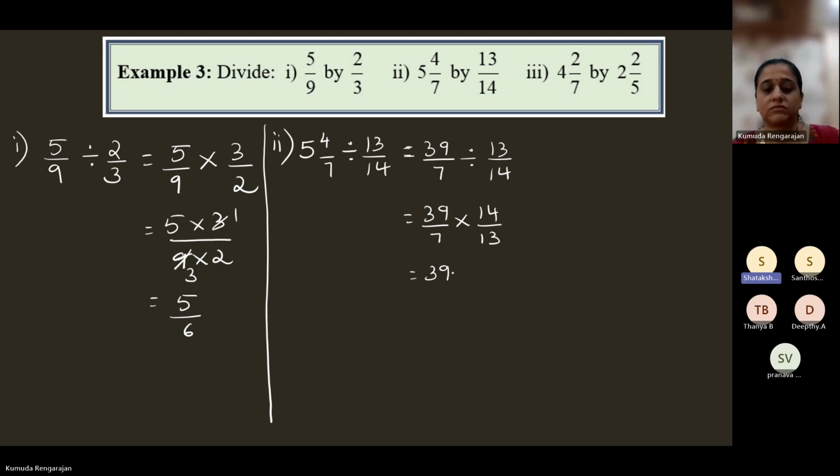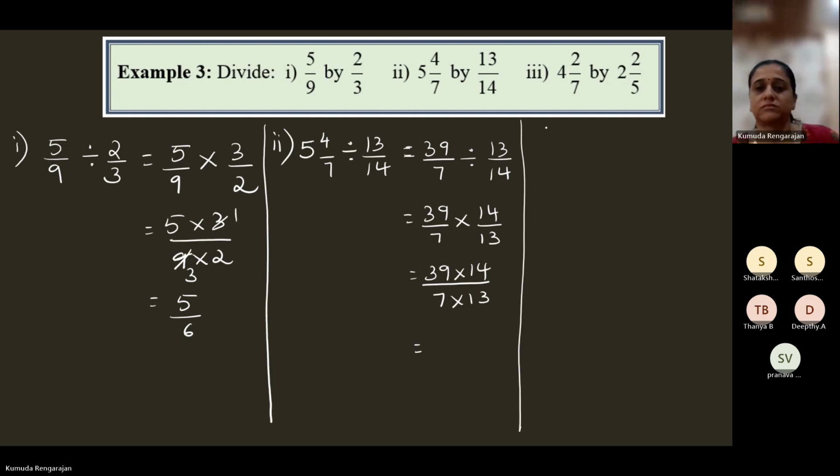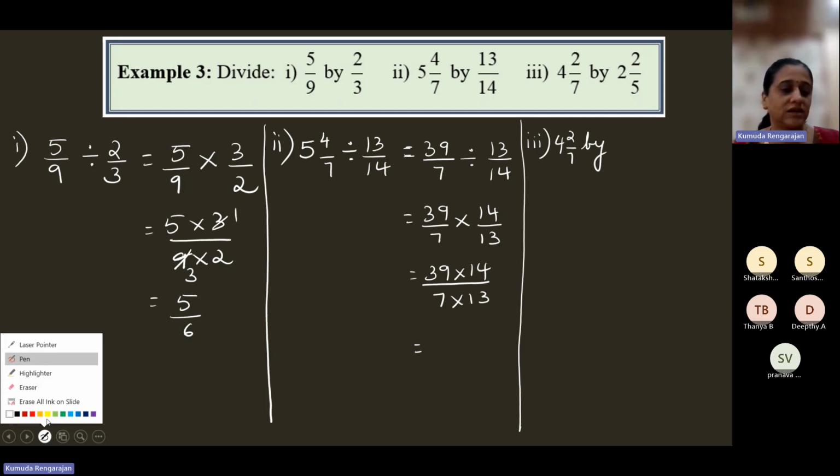Ma'am, for the second one, 6 is the answer. 6, is it? Okay. Correct. You're right. Yeah, ma'am. I'm also getting a 6. Very good. That's the right answer.